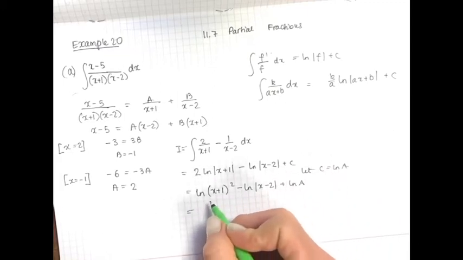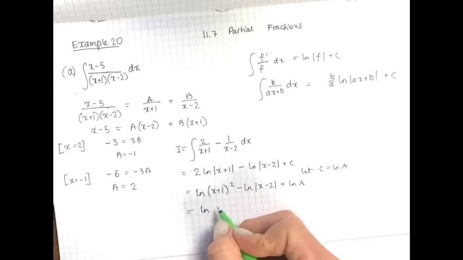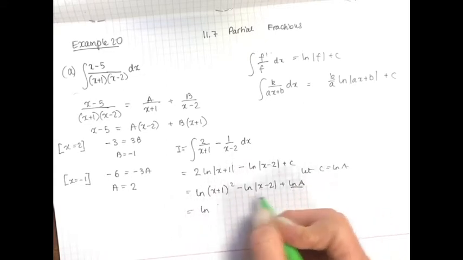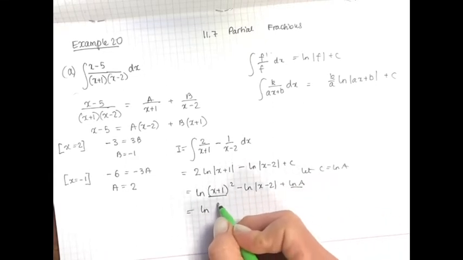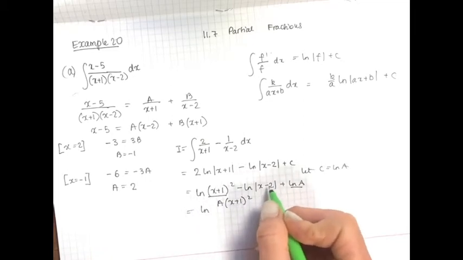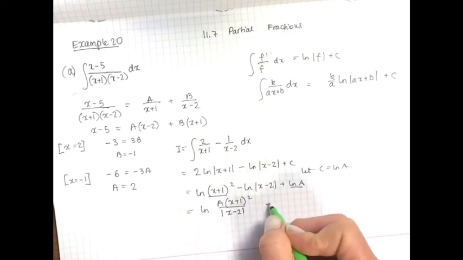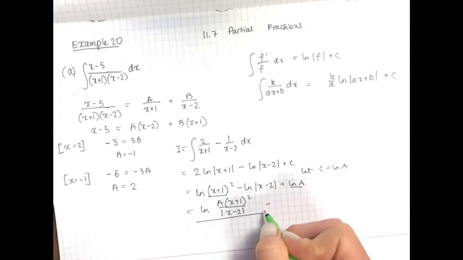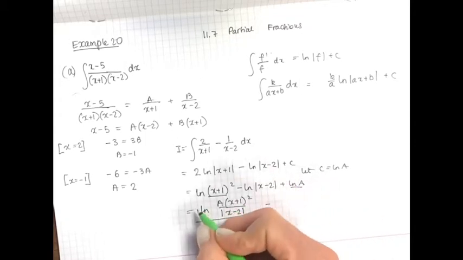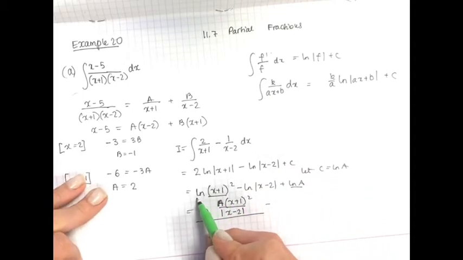Combining these, a will times by x plus 1, so you write it as a single log. These two will go in the numerator, so it's a times x plus 1 squared, and this one, since it's got a negative, will go to the denominator. The plus c is already included within that a.